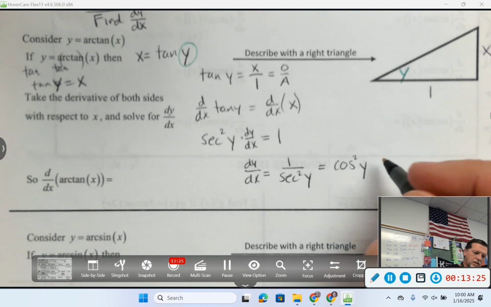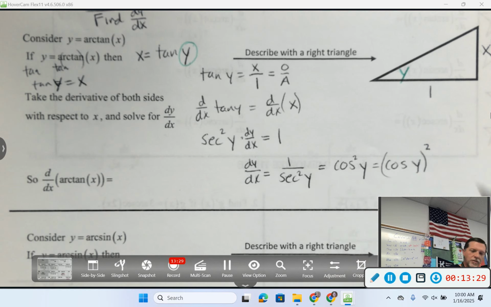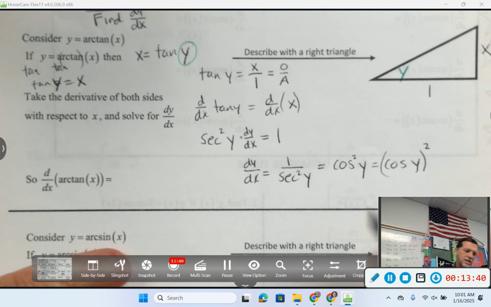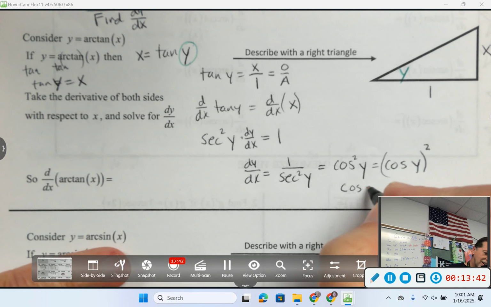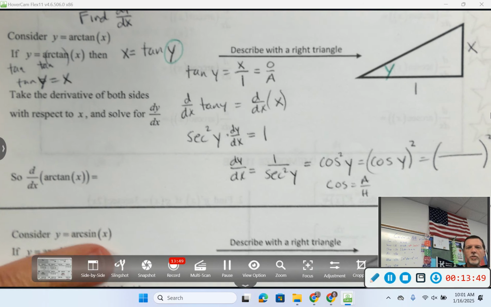But, well, back up. That's the same thing as the cosine of y, squared. But what's cosine? Back to SOHCAHTOA land. Adjacent over hypotenuse. So let's figure out what adjacent over hypotenuse is, and then we'll square it.